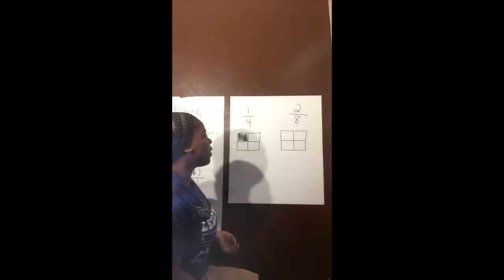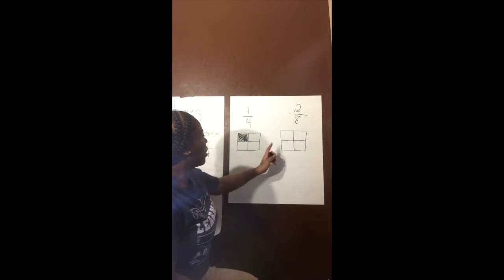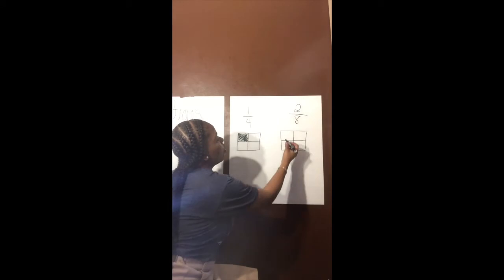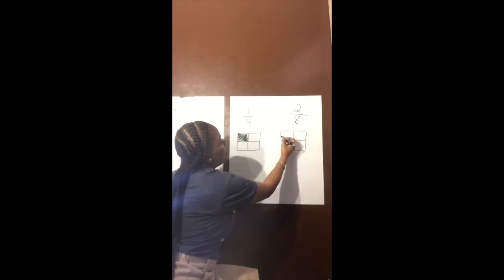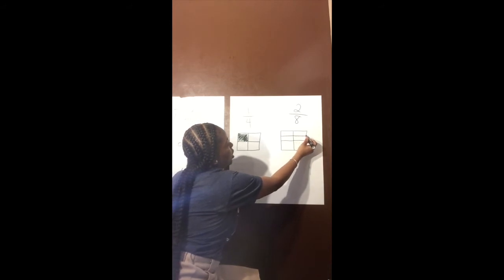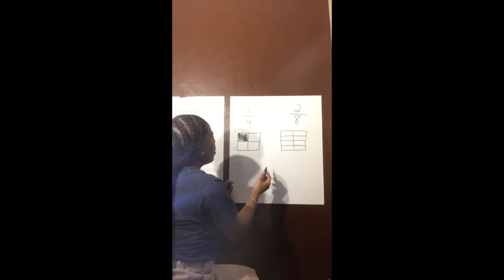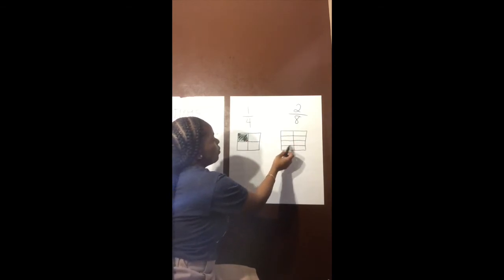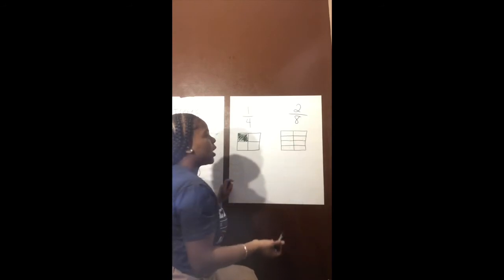Right here, we have the same fraction model as the 1/4 fraction model, but now this time we're going to break each of the sections into 2. So we just went from 4 sections to 1, 2, 3, 4, 5, 6, 7, 8 sections.